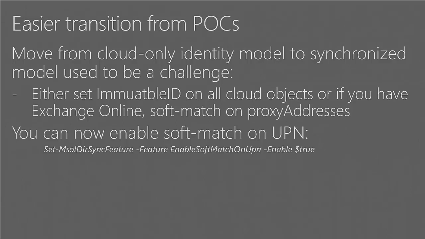It used to be that the only way to do that was to take the immutable ID and put that on every account in Azure Active Directory, which was a challenge because it was not that easy to calculate the value of the immutable ID. Or if you were lucky and actually had Exchange Online, you could set the proxy address and then we do the match on proxy address. Again, if you didn't have an Exchange Online license, you had to use the immutable ID.